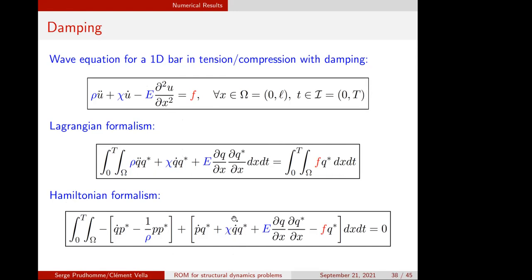So here there is a choice that we could make: we could replace the q dot by P. Actually, it doesn't change anything. Whether we keep q dot or we have even a combination of q dot and P, that does not change anything in the results.